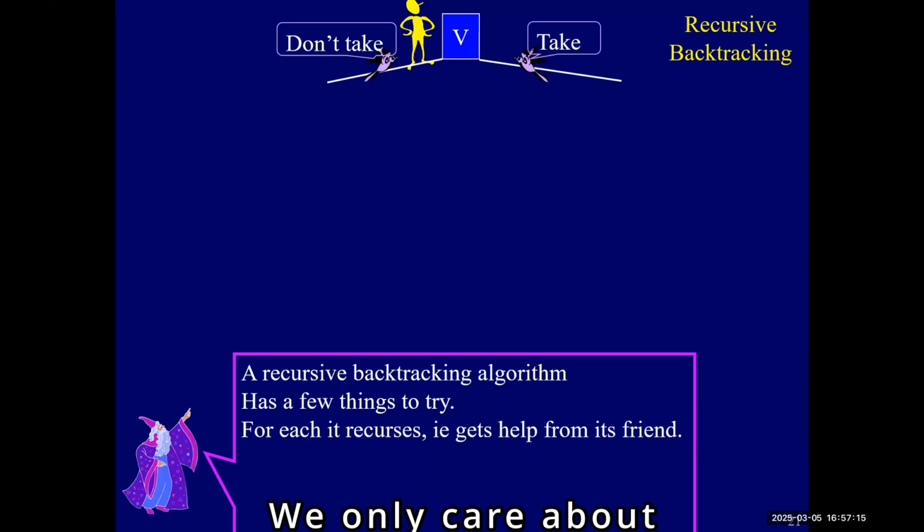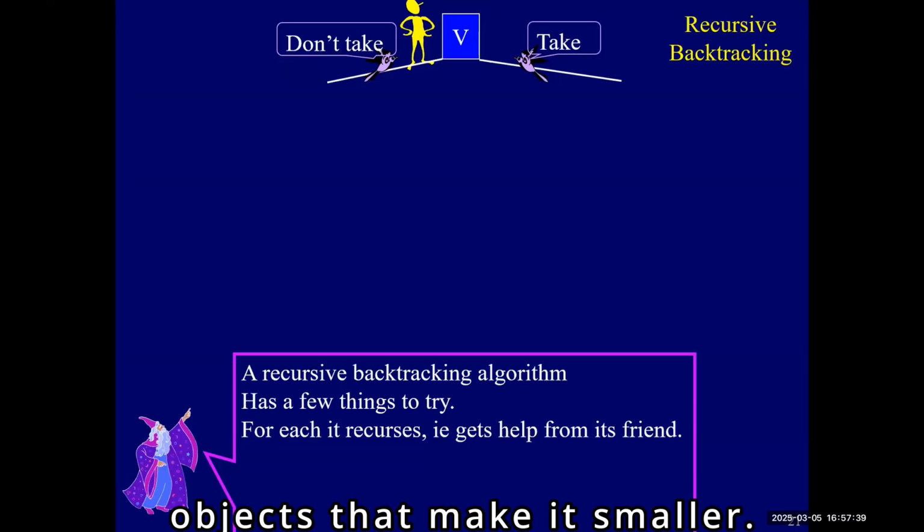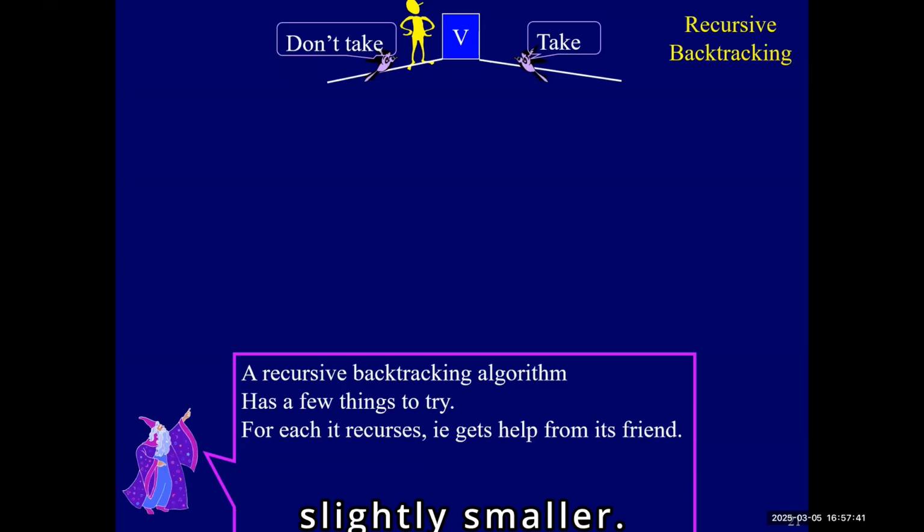We only care about solutions that have a bear in it. So then I say to myself, I'm trying to fill a knapsack that already has a bear. Can I reduce that to a smaller problem? I can say, hey, put the bear in. Now I have fewer objects, and my knapsack is slightly smaller.